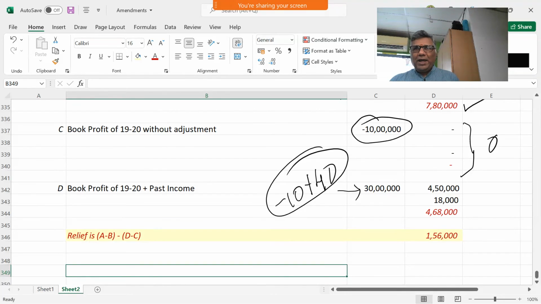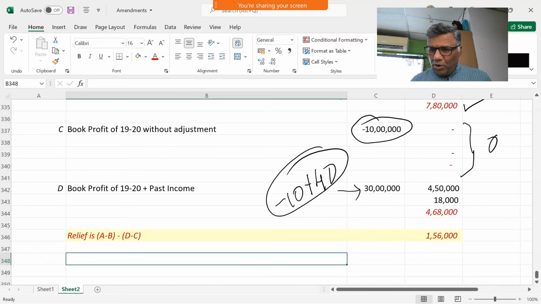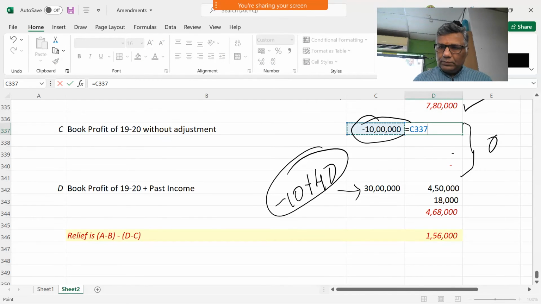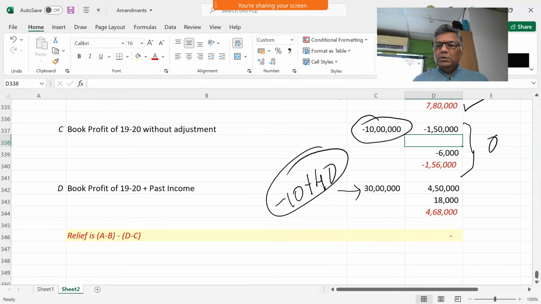Relief will be one other thing. Take minus 10 lakhs as an example, போட்டு பாருங்களேன். So it will be minus 156, so it will vanish.